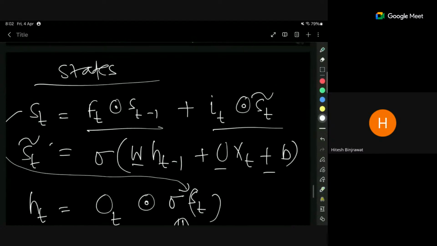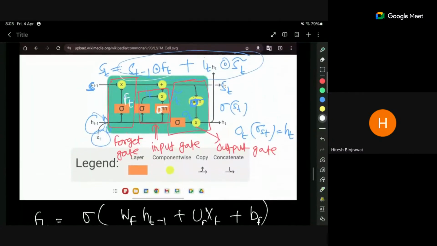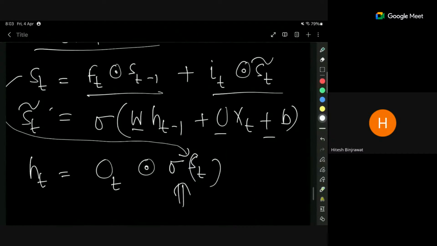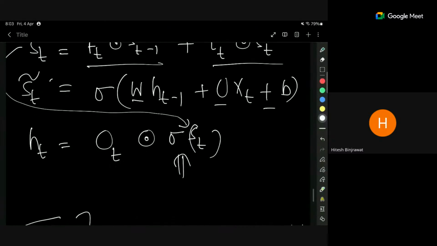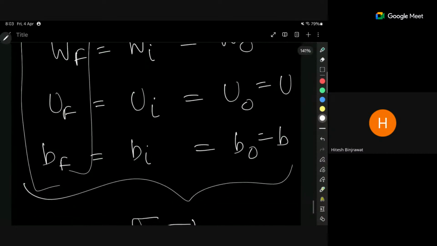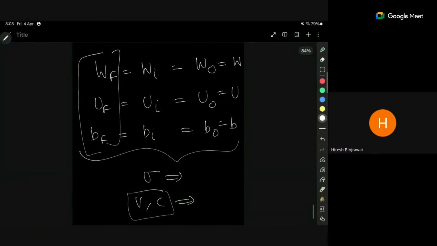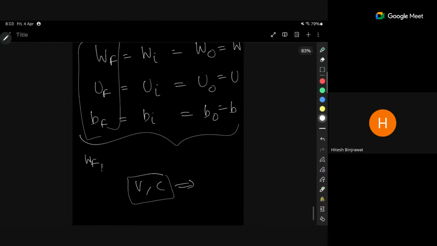Fine. So I guess if I'm producing O2 of some size, this should be of the same size. What I get is WF, WI, WO, W, and there should be another W, right?